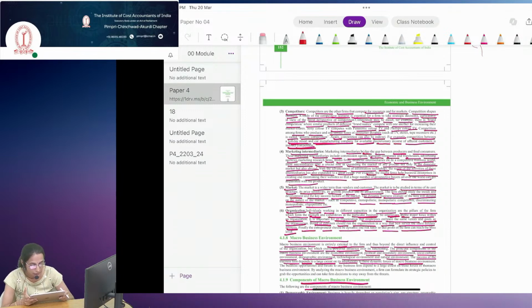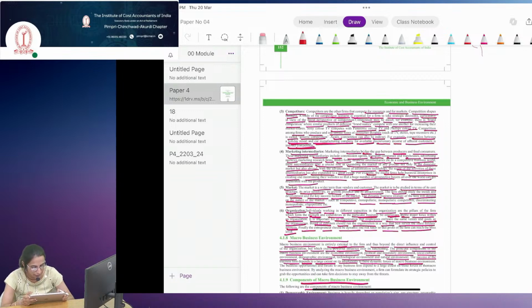Competitors are the other firms that compete for resources and for market. Competition shapes business. A study of the competitive scenario is essential for the firm to take strategic decisions, particularly in view of the threat perspective of competition. Competition is a threat risk to the business.